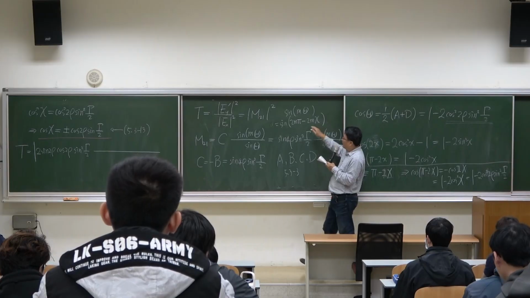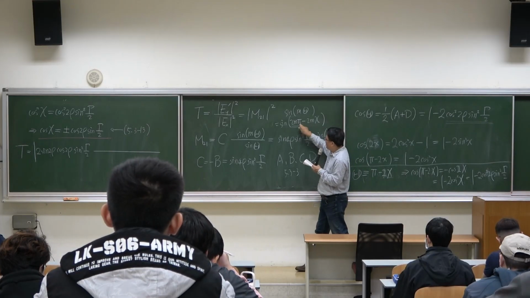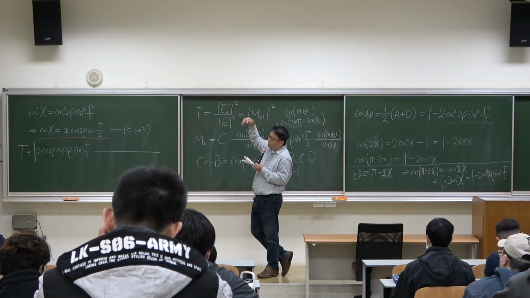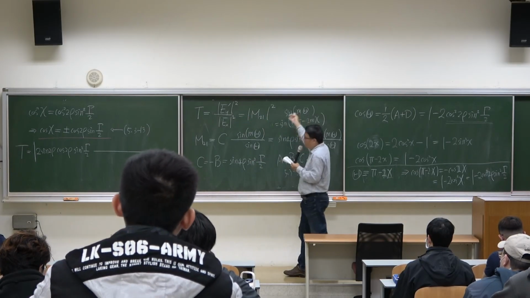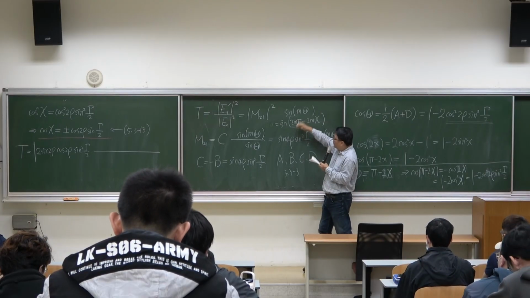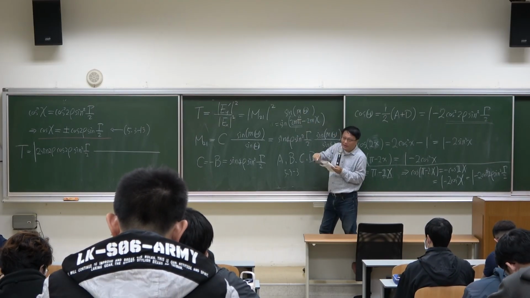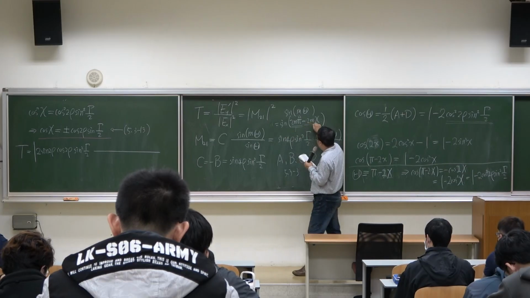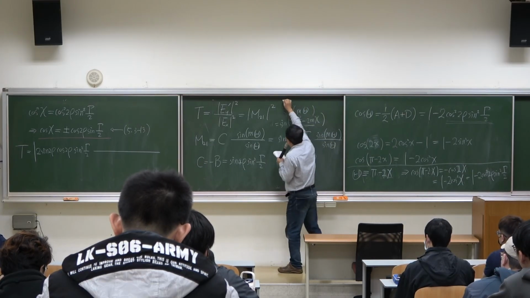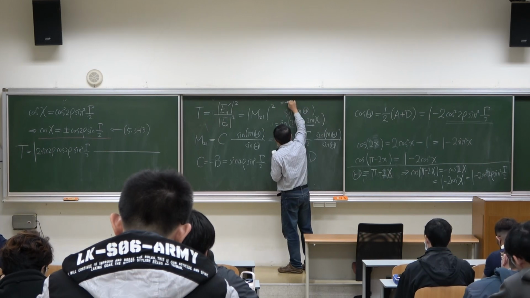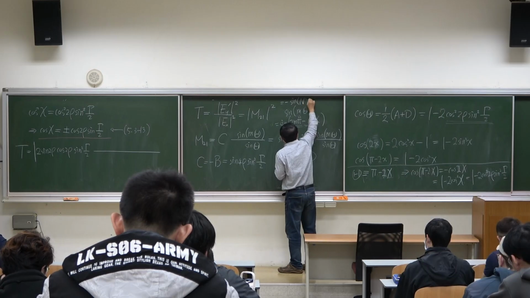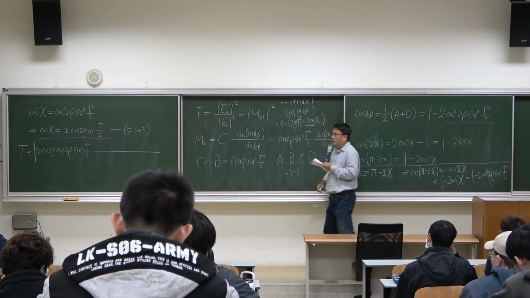However, when we add an integer times 2 pi to the argument of sine and cosine, we can just ignore it, okay? And 2m is equal to n, so this is equal to minus sine n chi.